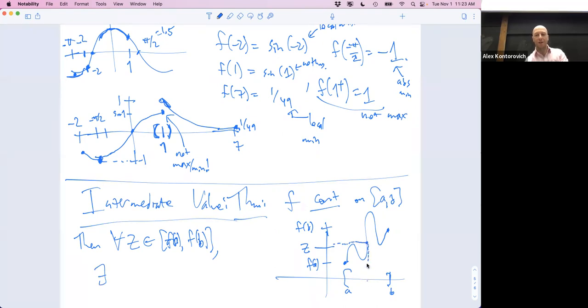Might be hit more than once, doesn't matter, but there exists a c in the domain such that f of c is equal to z. Okay, we can always hit an intermediate value. Remember that?